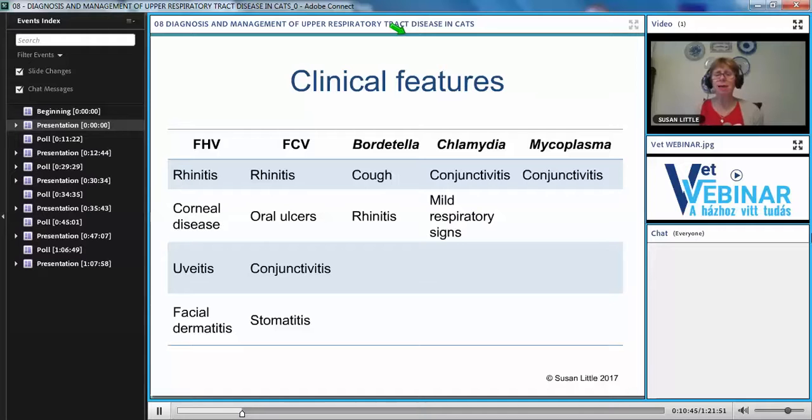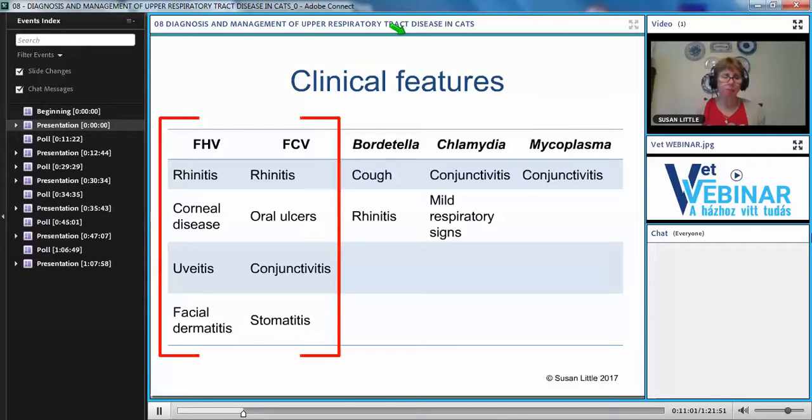So you might get an idea one way or the other, depending on the clinical presentation, of what might be the likely primary pathogen for your patient. But bear in mind, we can be wrong, and we also see mixed infections actually quite commonly. So, reminder again, though, that 80 to 90% of your cases are going to be caused by herpes virus or calicivirus, and then potentially with some secondary bacterial infection, which we're going to talk about.